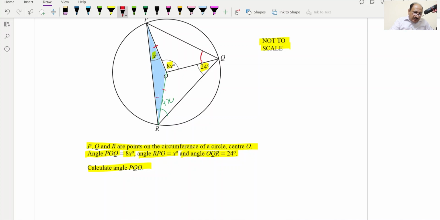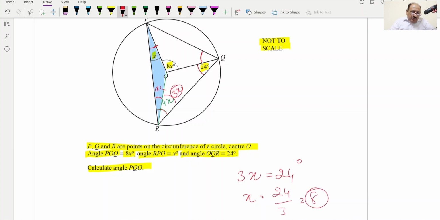So if this side is x, this side will also be x. Now we can figure out the total angle. This one is 4x, so the remaining angle up to this one will be 3x. Now if this is 3x and this is also equal to 3x, so we can write 3x is equal to 24, so x will be equal to 24 over 3, which is equal to 8.